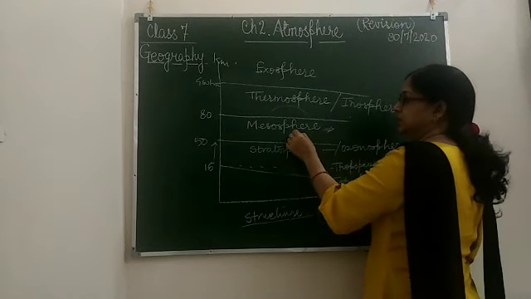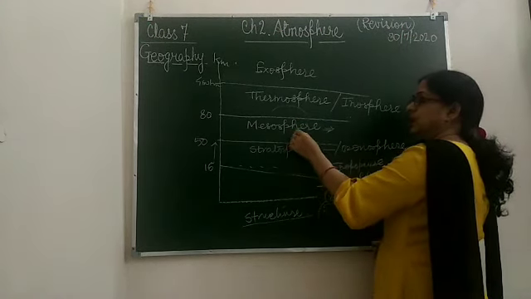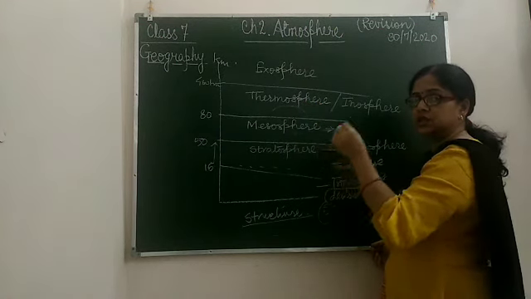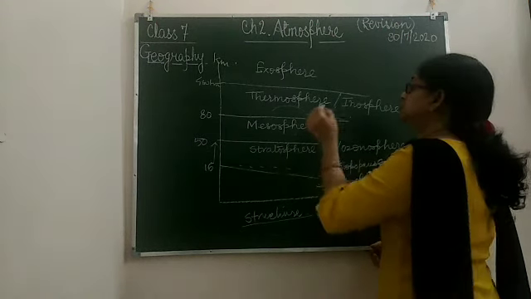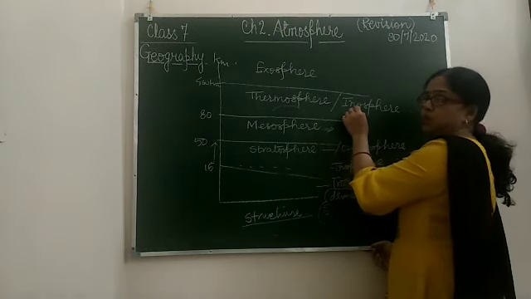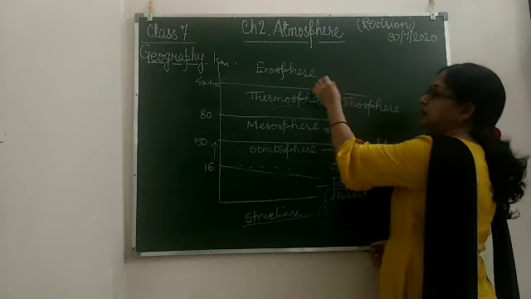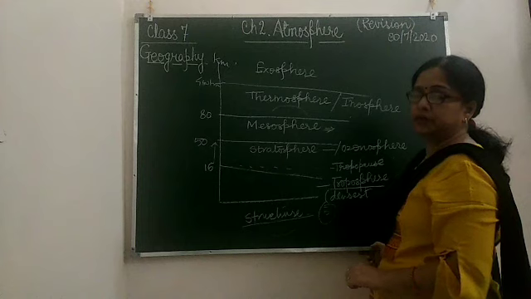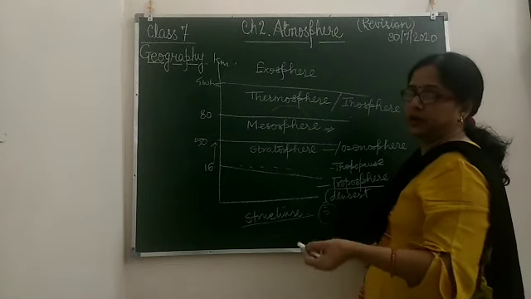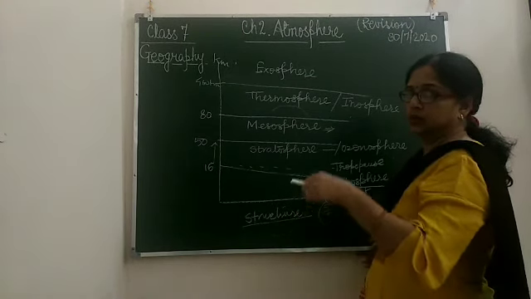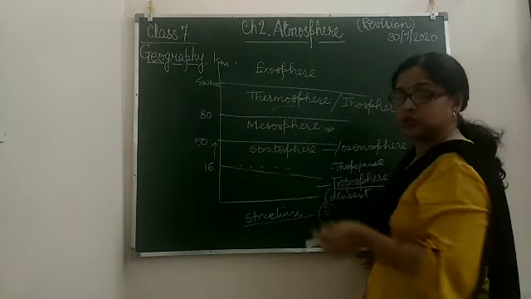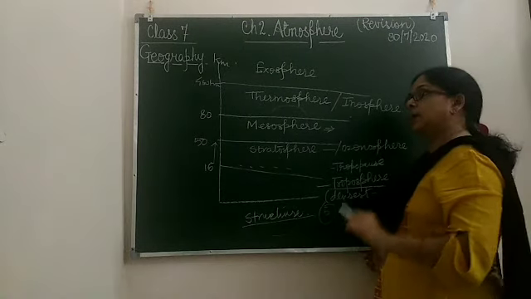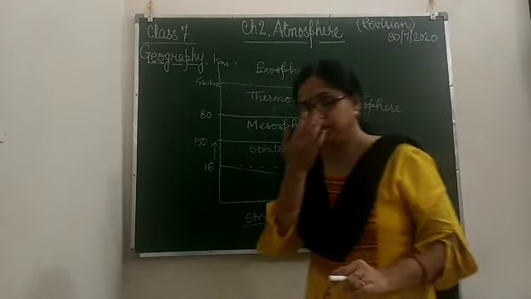Then mesosphere, here the meteors burn. Next layer is thermosphere. Here we find the electrically charged ions, and it is also called ionosphere, and then the exosphere, the outer layer. Here the rarefied helium and hydrogen gases are present. Now this is about the structure of the atmosphere.